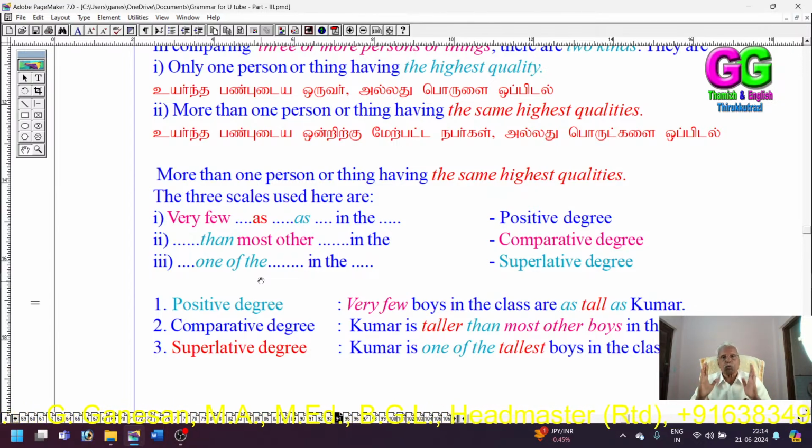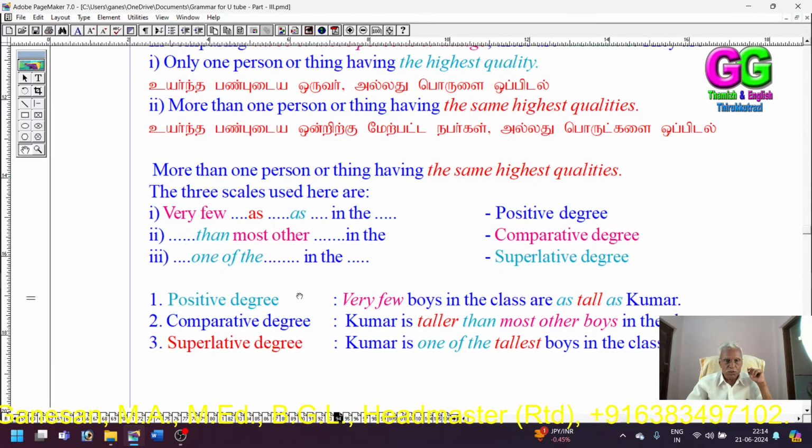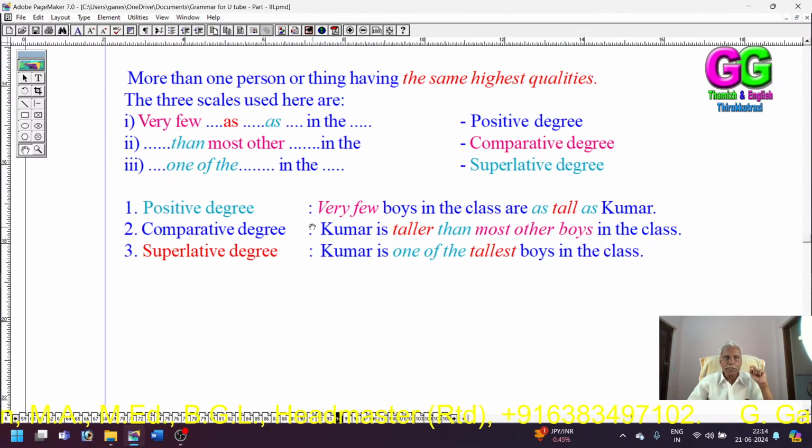What are the scales we have to use? See the examples. Positive: Very few boys in the class are as tall as Kumar. Comparative: Kumar is taller than most other boys in the class. Superlative: Kumar is one of the tallest boys in the class. These are the three scales we have to use.